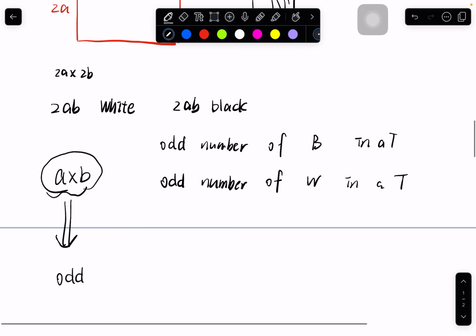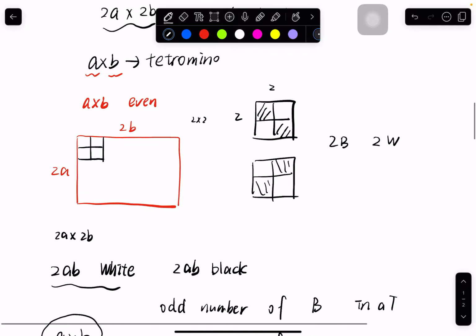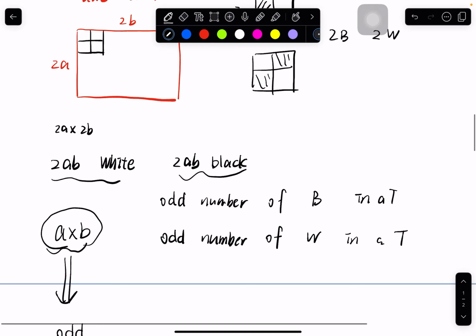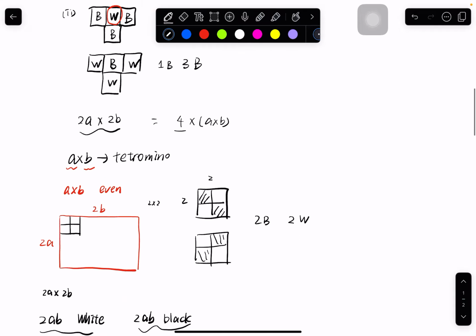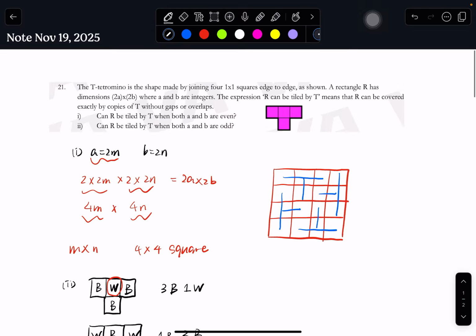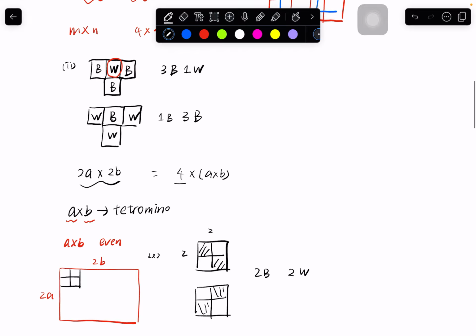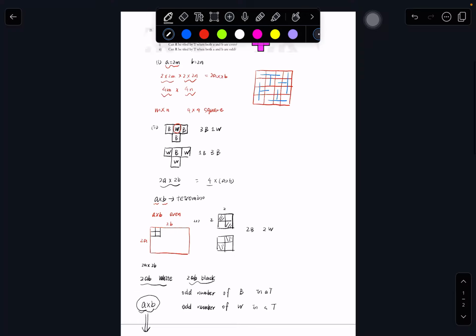This contradicts the fact that we have 2ab white squares and 2ab black squares in the rectangle. So we have a contradiction. So we prove that the 2a times 2b rectangle cannot be filled up by tetraminoes if a and b are both odd. Now this is the whole proof.